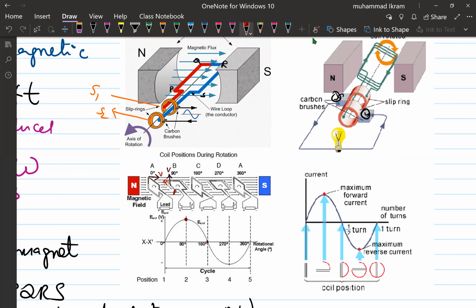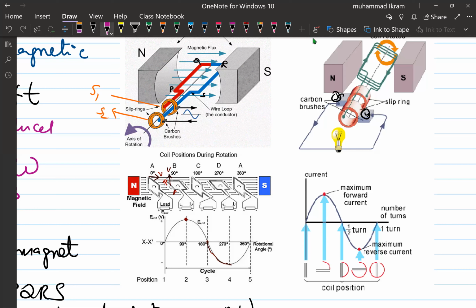As the coil continues to rotate, the sides PQ and RS change sides. PQ approaches the south pole while RS approaches the north pole. So at these ends, the induced EMF produced will now be in the opposite direction. Clear? And again, the flux will start increasing, but this time in the opposite direction, as you see here.